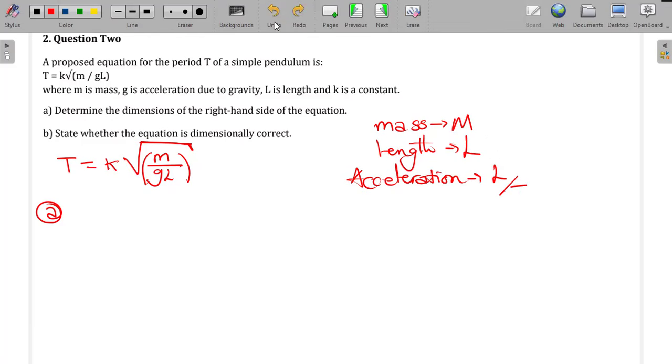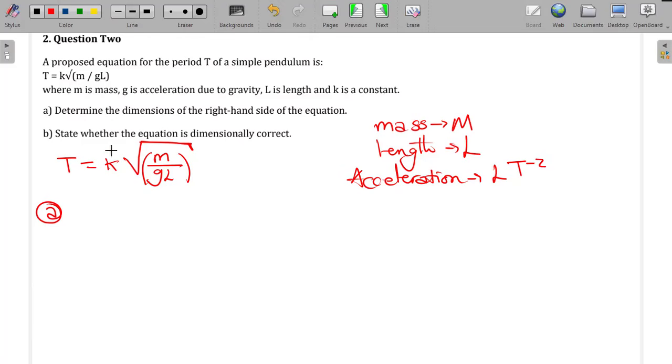Hence, that's why we just say the dimensions of acceleration are LT to the power minus 2, which means the time has a power of minus 2 to explain that it is a denominator with a square power in this particular case. So that is what we have.